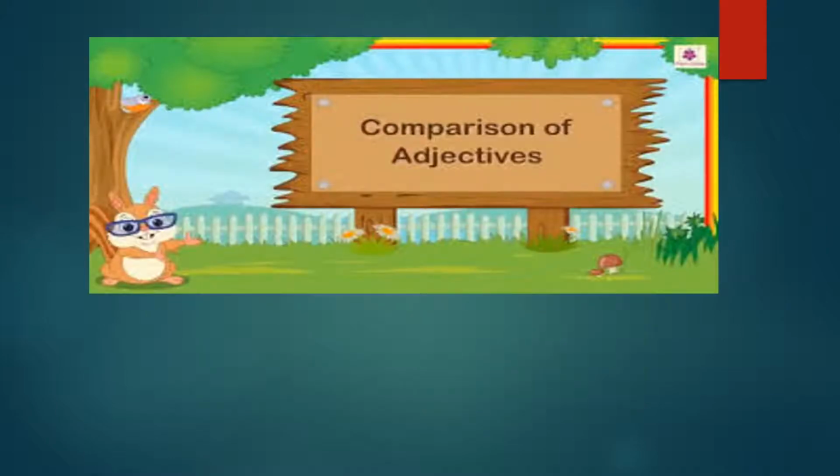So, students, in the last slide, we learned about the positive degree and the comparative degree. Now, in this slide, we learn more about the superlative degree. The third sentence is: Amit is the tallest boy of the three.